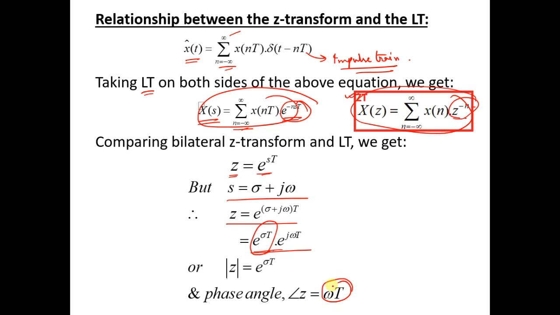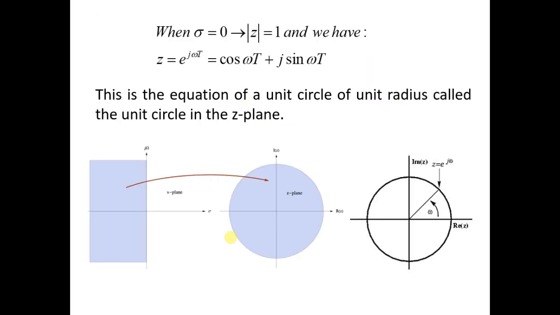Now when sigma is equal to 0, that is, we are on the frequency axis, we get the modulus of z is equal to 1. So in a 2D plane we will have a circle having a radius of 1.